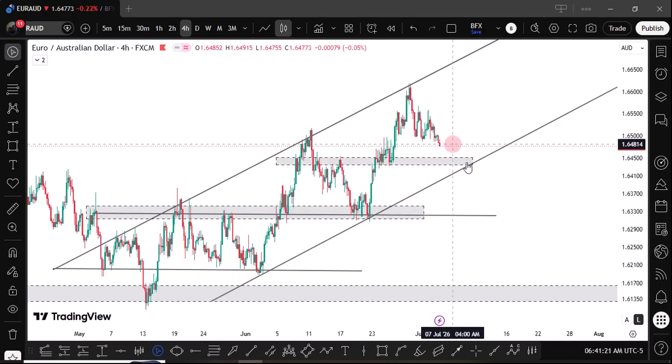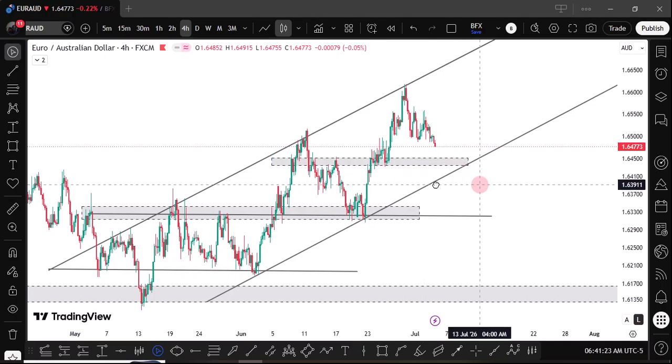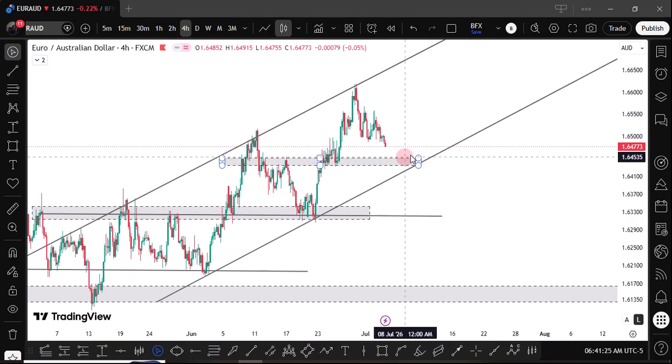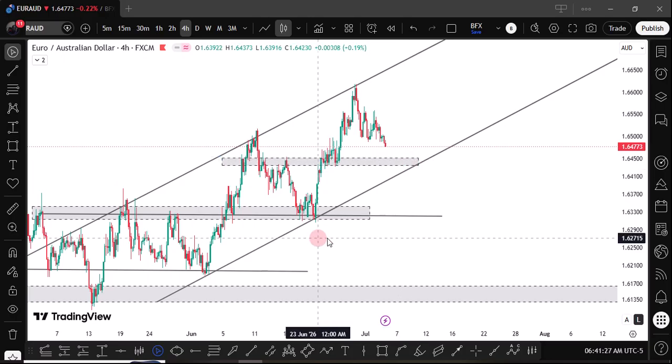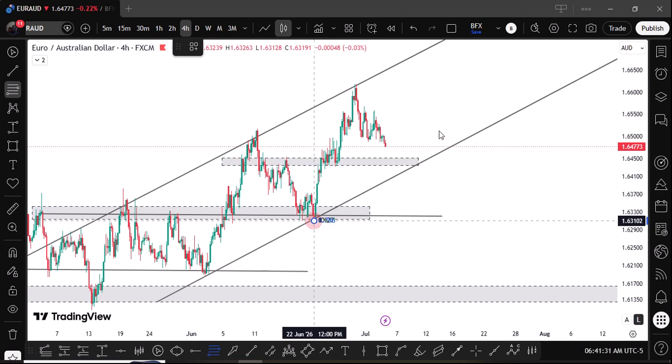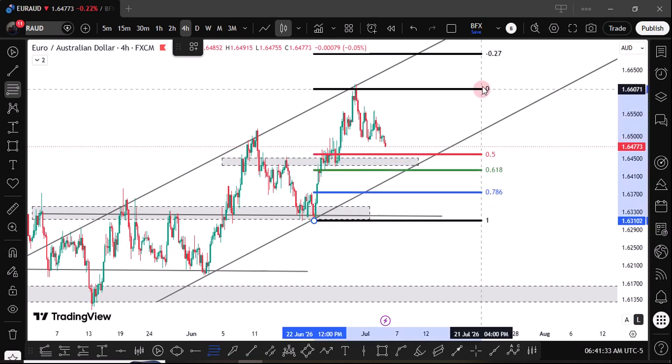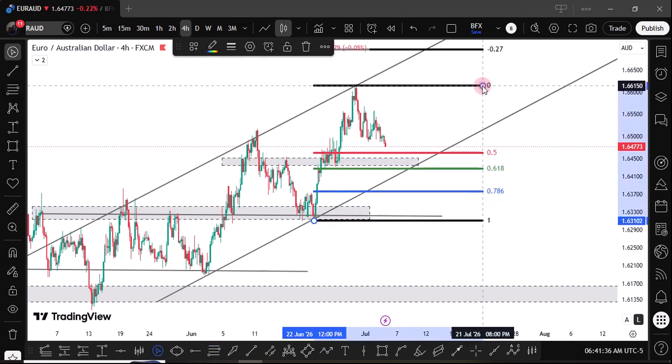I'm waiting for price to come to tap this trend line, and let me see my fib for confluence. I'm trying to make these trades more quality, as in giving them more confluences.